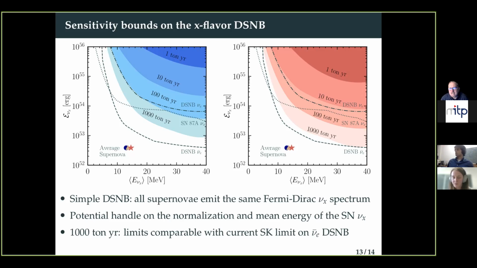Even if it is white dwarf accretion, the energy will always be set by keV temperatures and the typical energy of the white dwarf. I think you have both the thermal emission and also the emission from nuclear processes that happen there. So I think it will be in the keV up to MeV range.